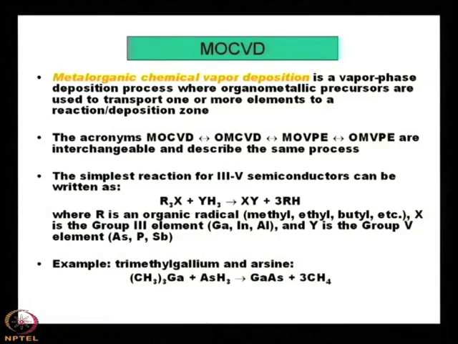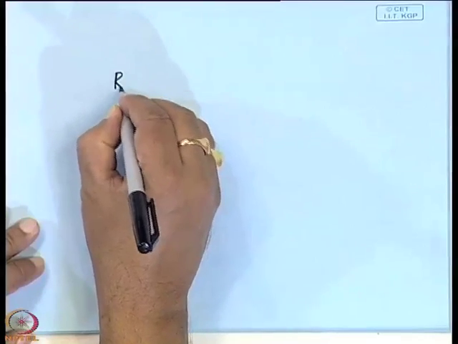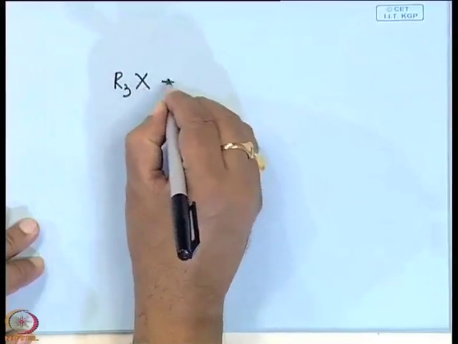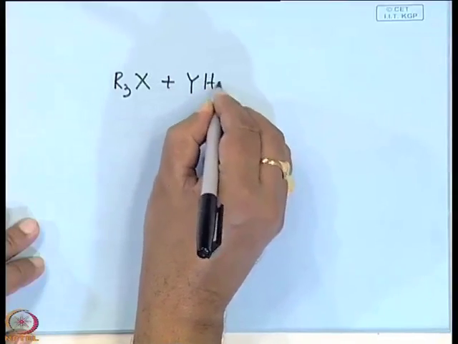If it is liquid or solid or a physical type of thing, then it was not possible to cover the whole surface. Since you are using the gas, the whole surface can be covered. So, now in MOCVD what is the reaction? The reaction is R3X plus YH3.